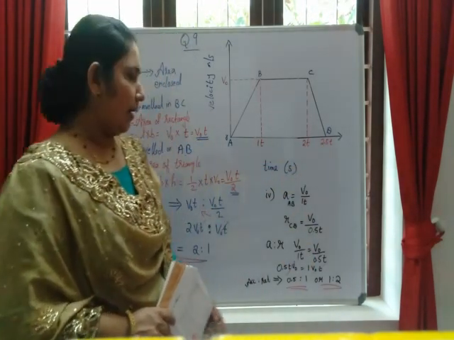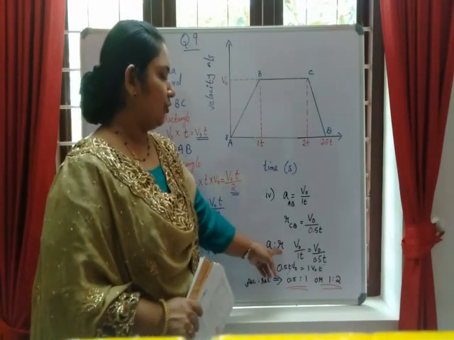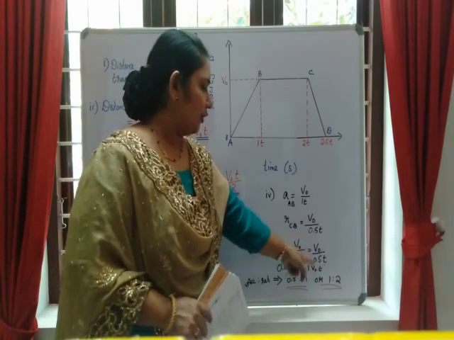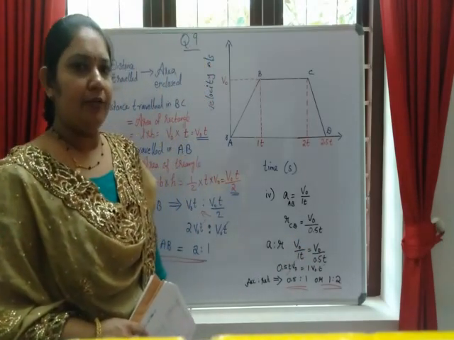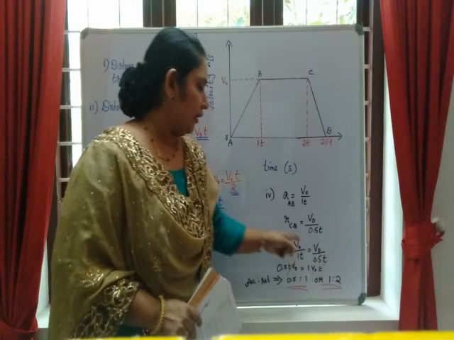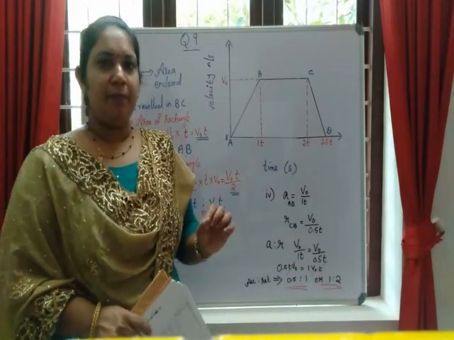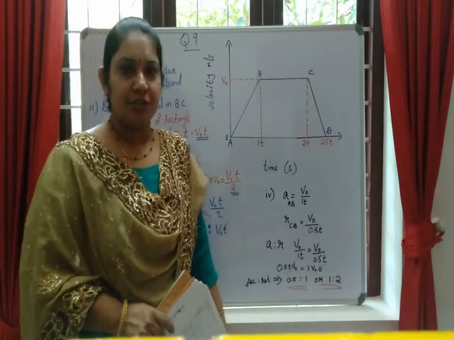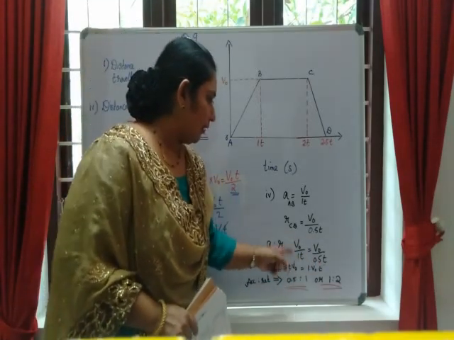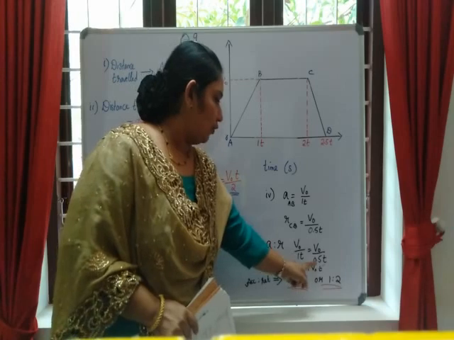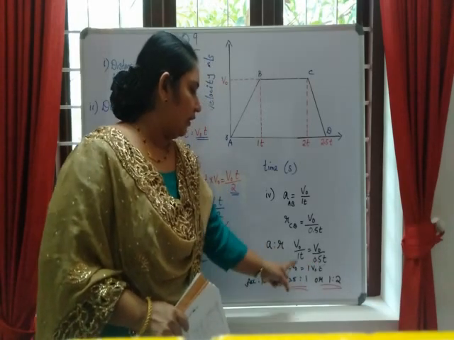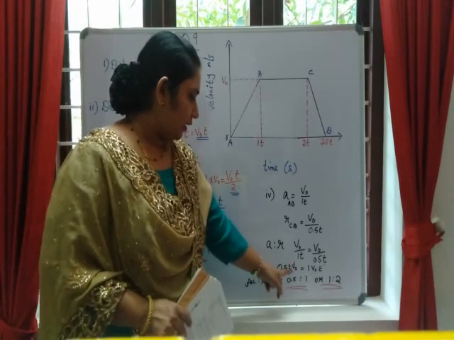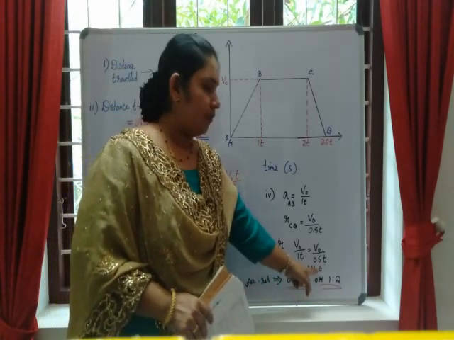Now again you are asked to compare acceleration is to retardation. v0 by 1t is to v0 by 0.5t. Now you can just cross multiply. Compare means answer should be in ratio. A ratio should not be in a fraction way. So just cross multiply. So v0 into 0.5t equals 1t into v0. So you get 0.5 v0t, 1 into v0t.